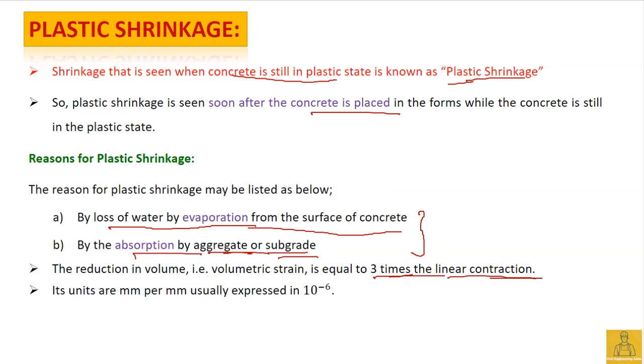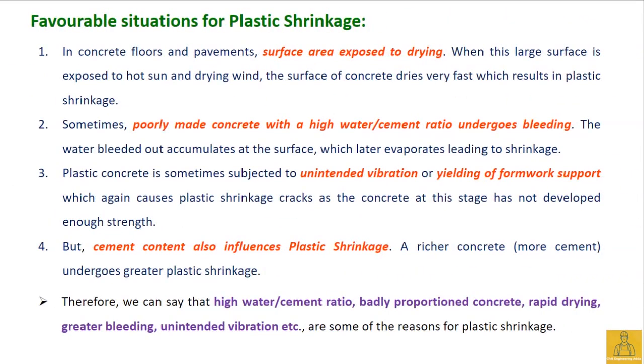The units are mm per mm, usually expressed in terms of 10 to the power of minus 6, because this volumetric strain is going to be very small, always in decimals.